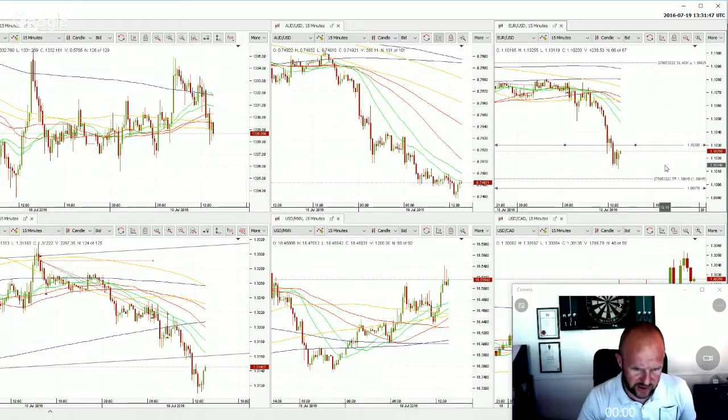Open interest levels update. All right, I'm doing it with euro then. So pound will be the next one. All right, euro.